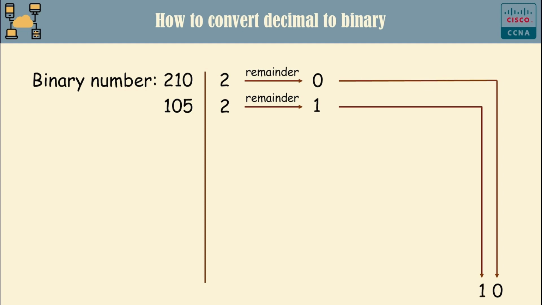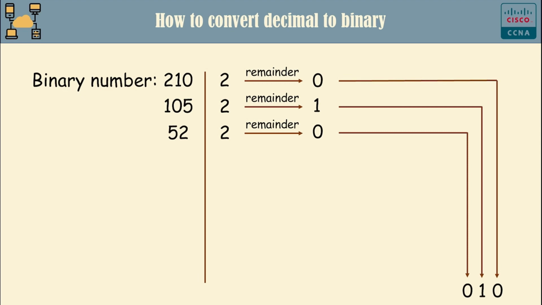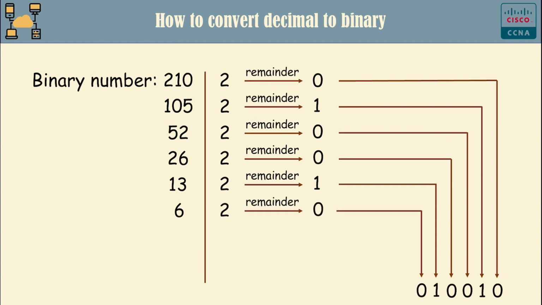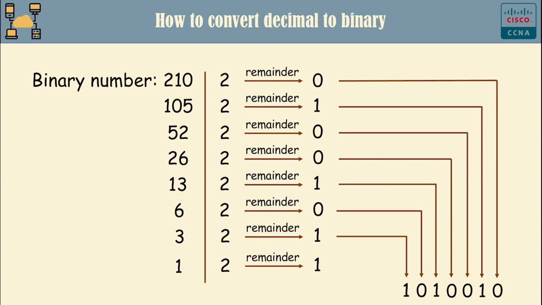Repeat the division process with the new quotient. 52 divided by 2 equals 26 with a remainder of 0. Write down 0 to the left of the previous bits. Continue this process until the quotient becomes 0. 26 divided by 2 equals 13 with a remainder of 0. 13 divided by 2 equals 6 with a remainder of 1. 6 divided by 2 equals 3 with a remainder of 0. 3 divided by 2 equals 1 with a remainder of 1. 1 divided by 2 equals 0 with a remainder of 1.